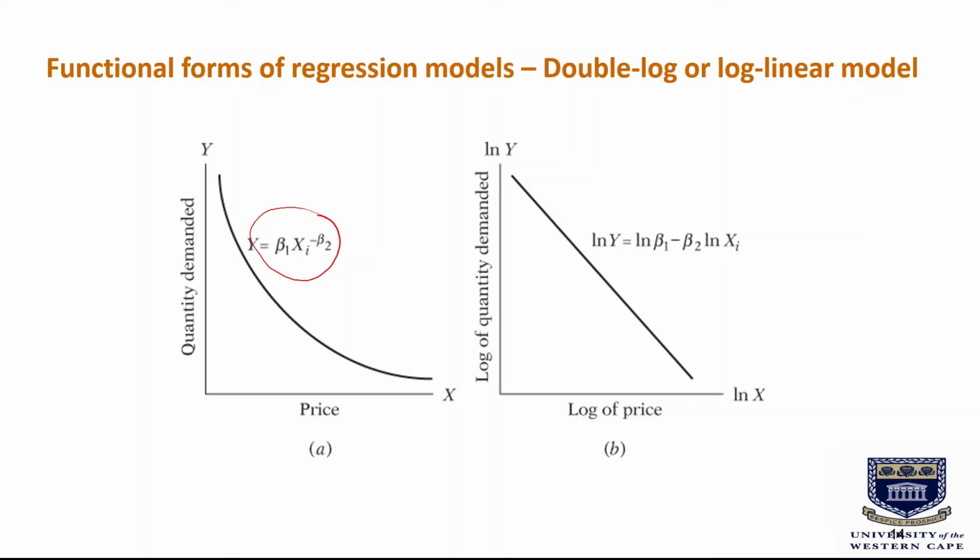So it would have a different shape than the one you see on this slide. But the point here is just to give you an idea of the circumstances under which a log-log model might be useful, and that is when a transformation gives you a straight line, as is the case on the right here. So a log transformation.